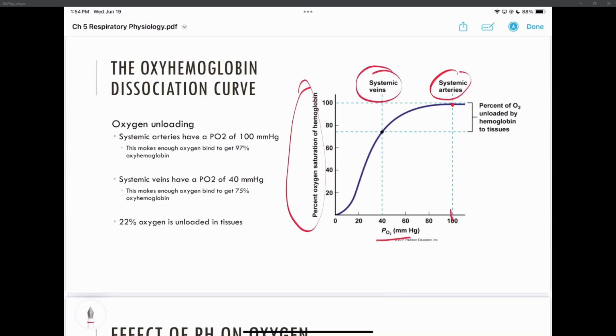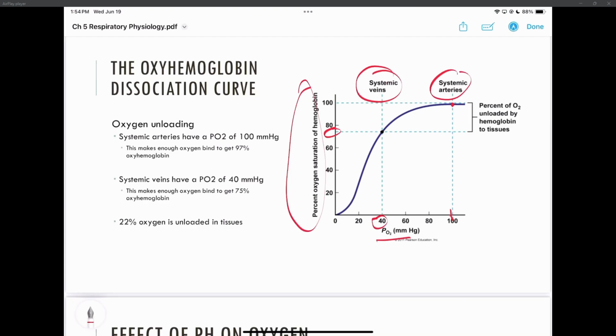Systemic veins, remember, they're at 40 millimeters of mercury as they're coming back to the heart. That's at 40. So we're still at like 78%, 79, whatever, 80% oxygen saturated with hemoglobin.